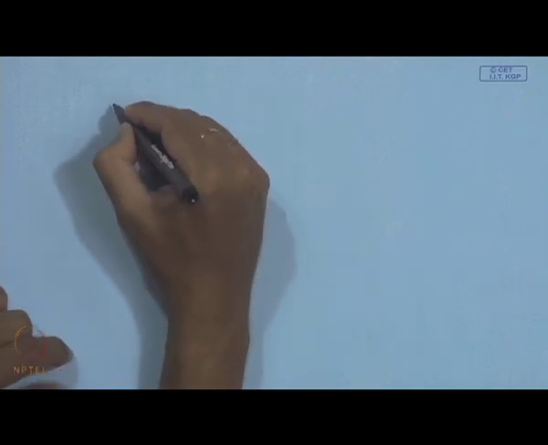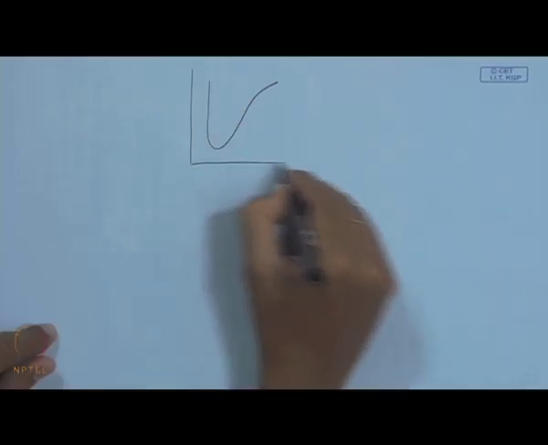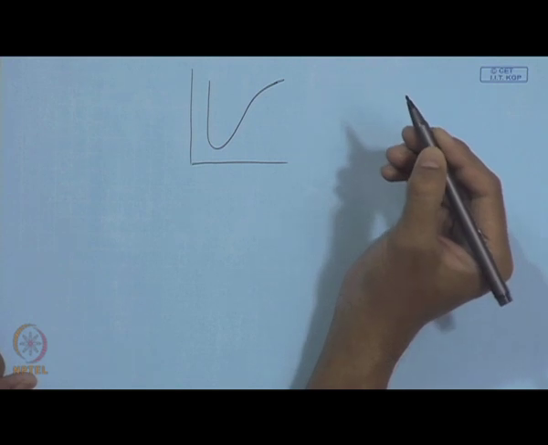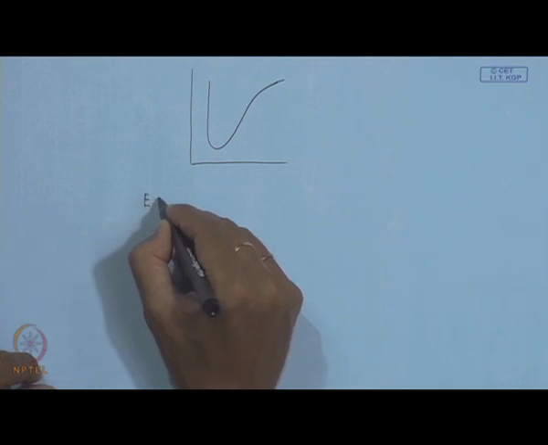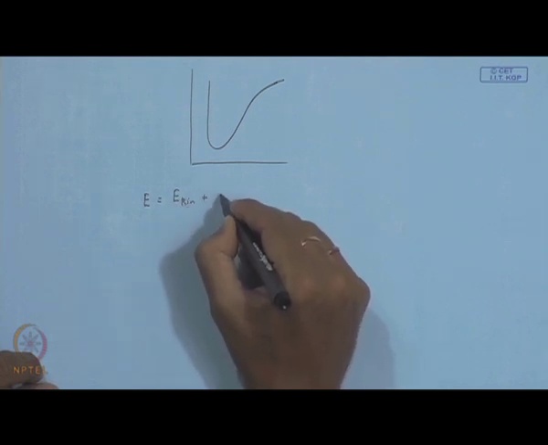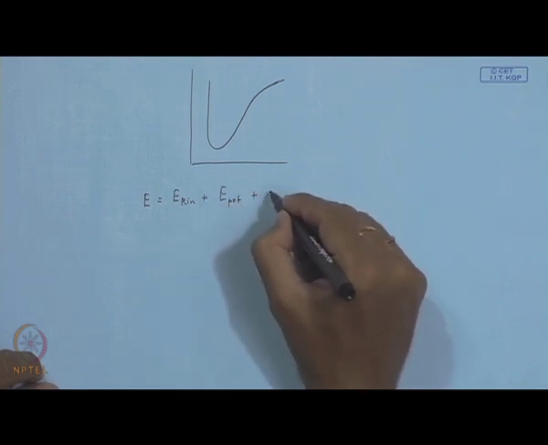If you recall such a type of system, where the potential energy has this type of form, and you consult a standard classical mechanics textbook, you will find that E will have 3 components: E kinetic plus E potential plus E centrifugal.